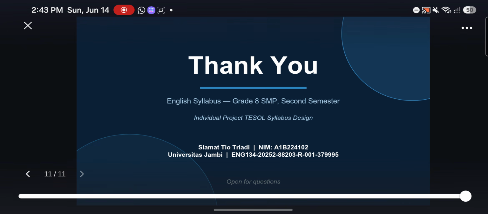Everything was designed to be realistic, learner-centered, and aligned with TESOL principles and Kurikulum Merdeka. I believe the syllabus gives students not just English knowledge, but also the confidence to actually use the language.